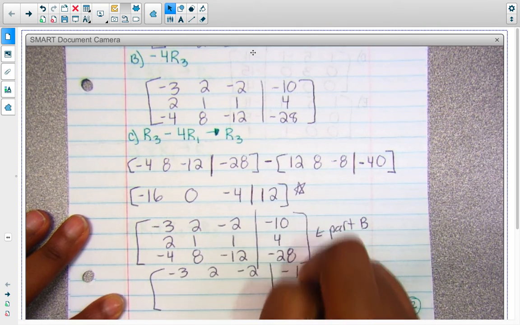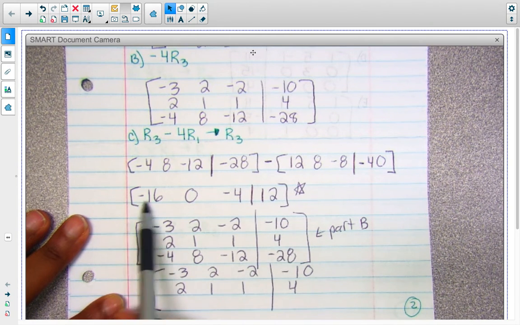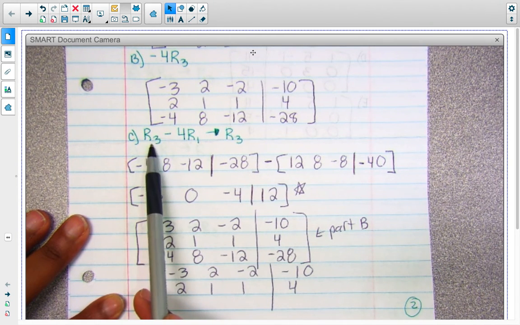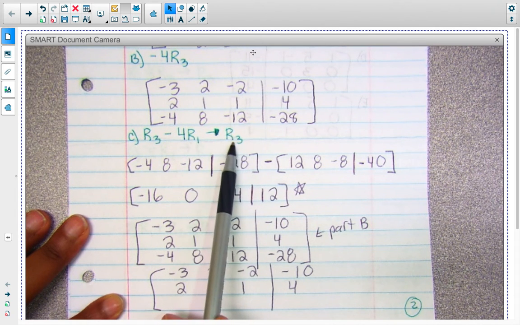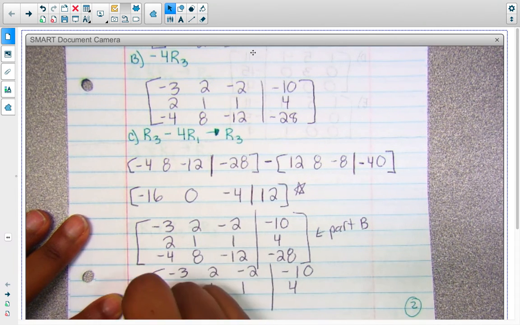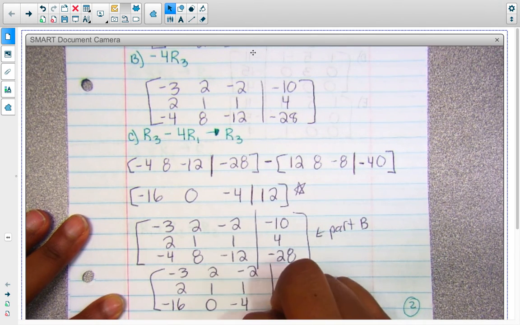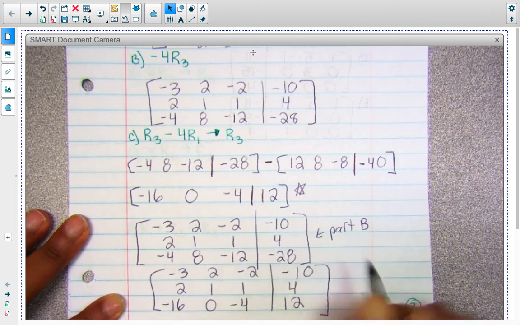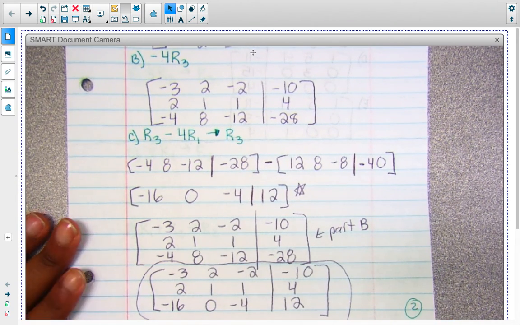So none of these rows changed. And my last final row that did change, because we did row 3 minus 4 times row 1 and put it in the spot of row 3, is negative 16, 0, negative 4, 12. And that is our final answer.